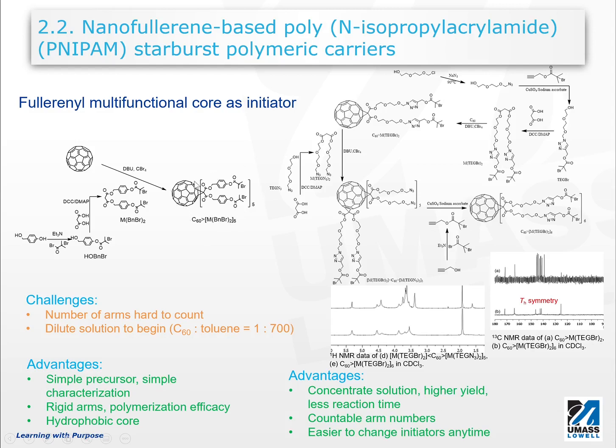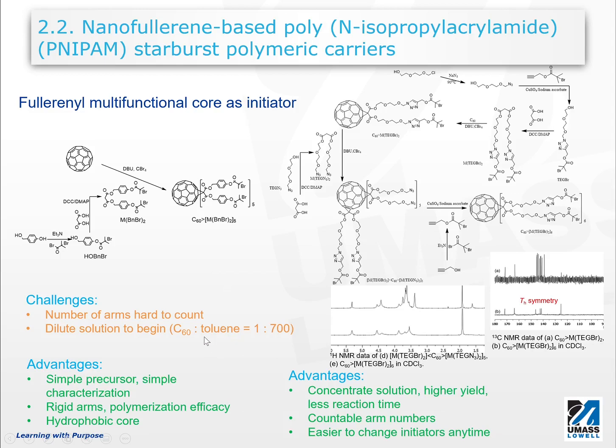We can only use TLC or the color change of the structure to determine approximately how many malonate units we have. Also, for the whole synthesis process, we have to begin with pure fullerene, and we know that fullerene has very low solubility.